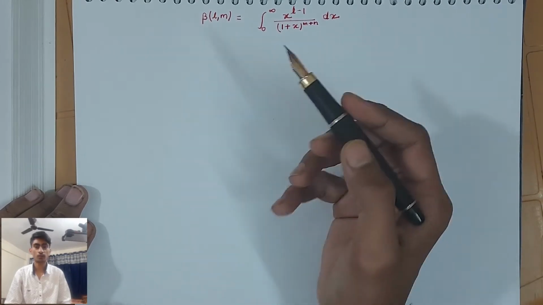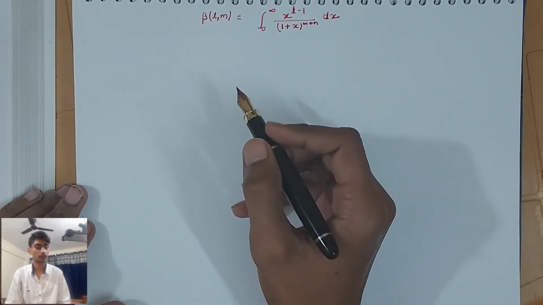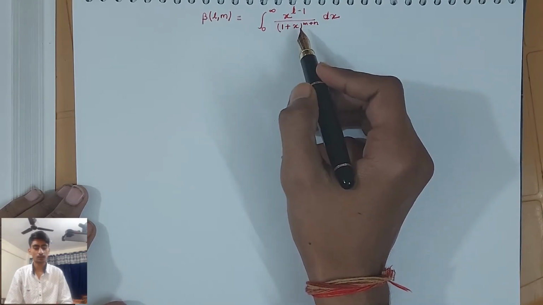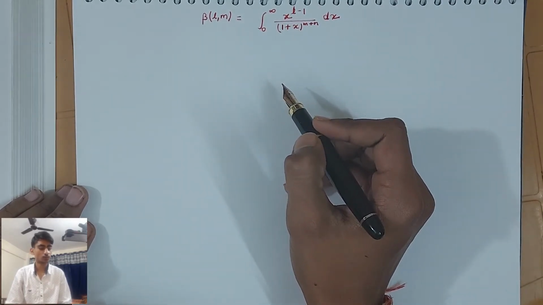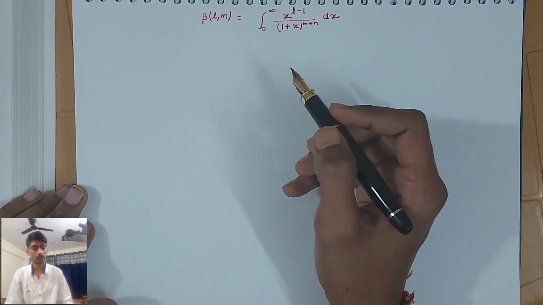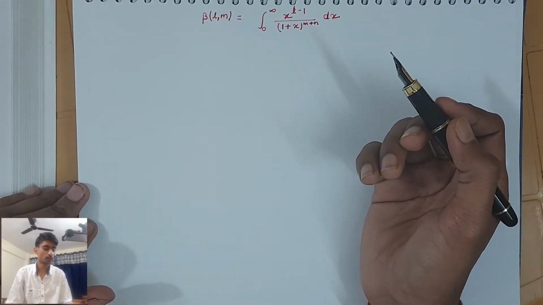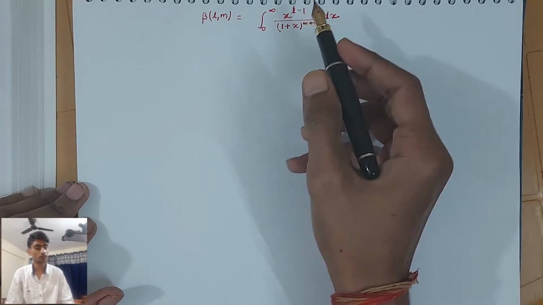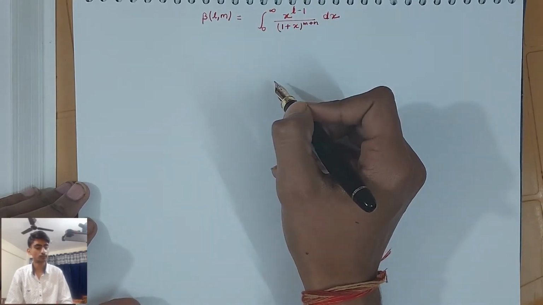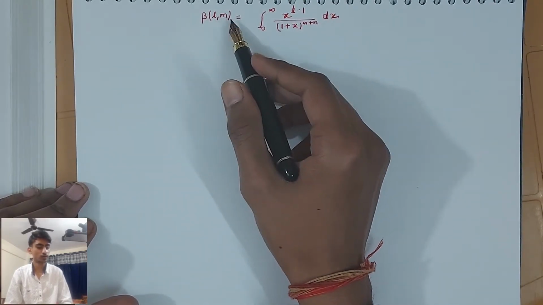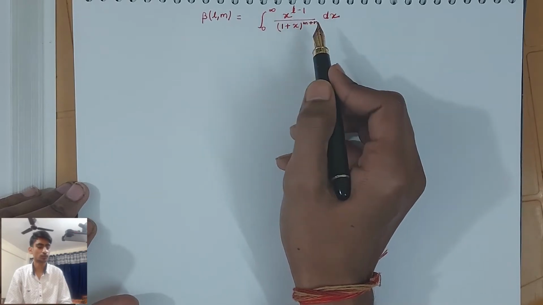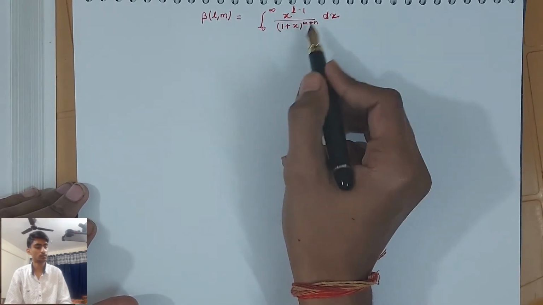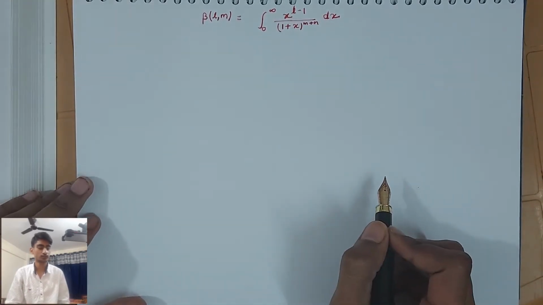So I will try to solve this as a proof question. Sometimes in the examination you may be asked with some proof like this. So I will try to solve it like prove beta of L comma m is equal to this much, and it is nothing but other form of beta function.